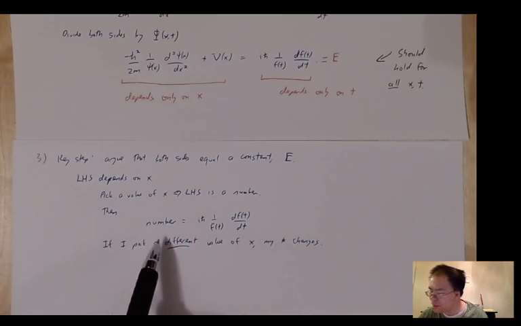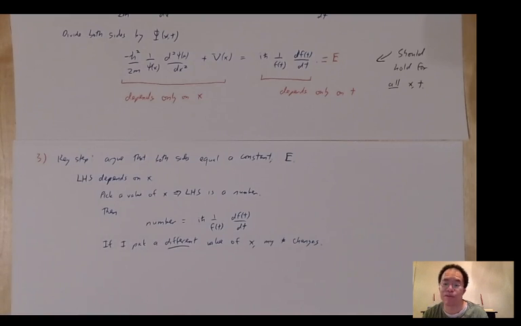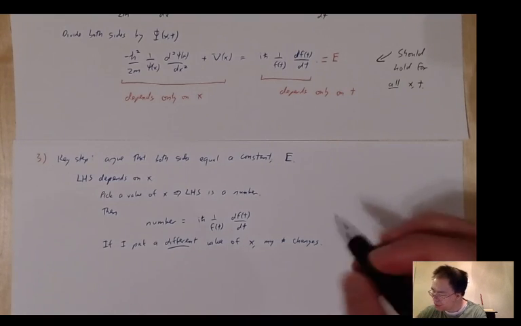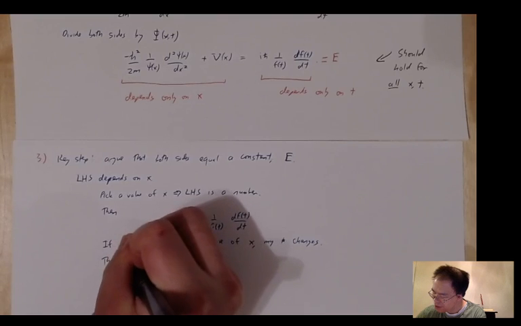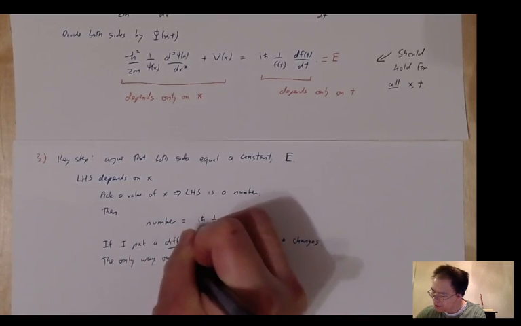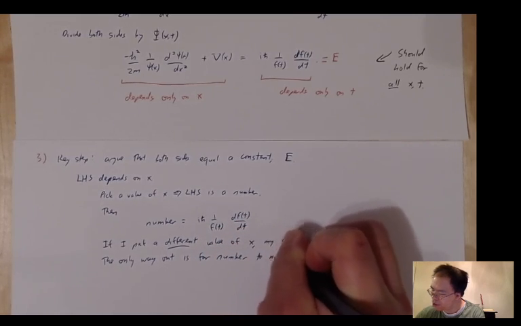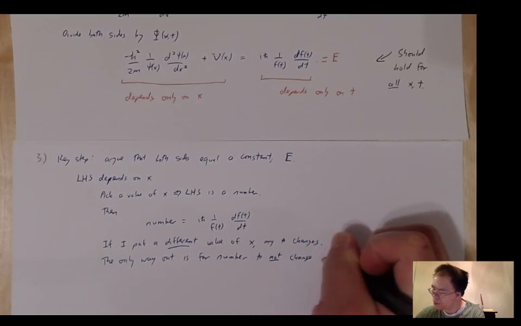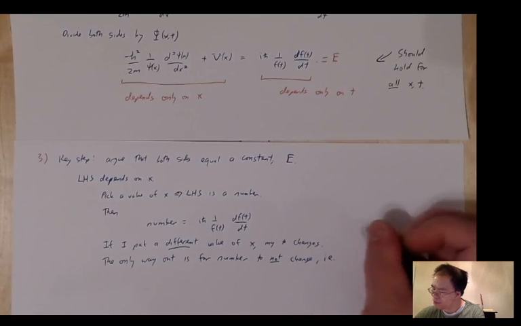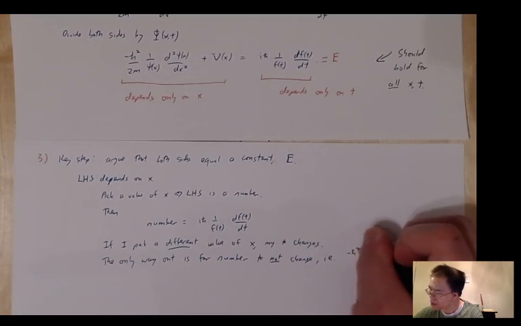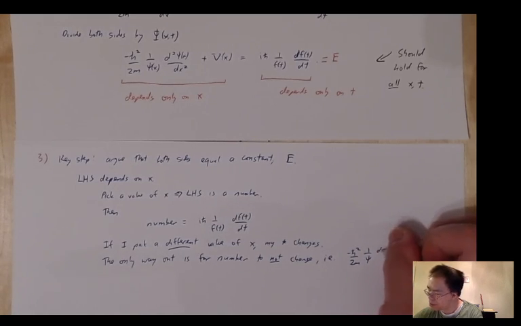So if this number were to somehow change as x changed, we'd be up a creek. So the only way out is for the number to not change, i.e. this entire thing, 1 over psi d squared psi dx squared plus v, equals a constant.